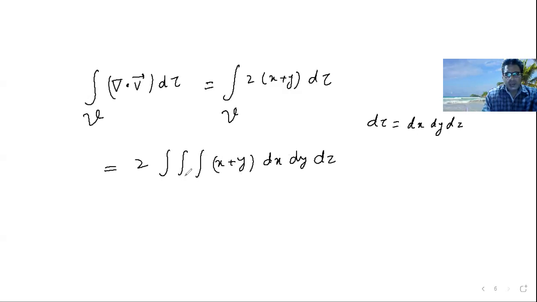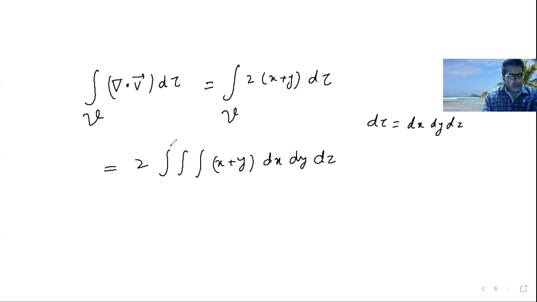Now limits on the integral are 0 to 1. Because if you see, you constructed this cube, its one face is located at the origin. Then you have to move along x from 0 to 1 to incorporate the whole volume into the integral.